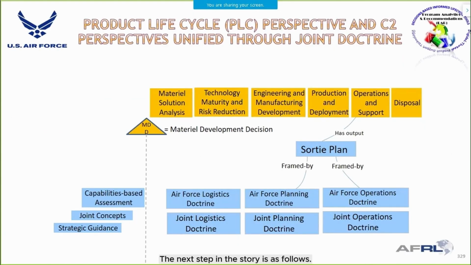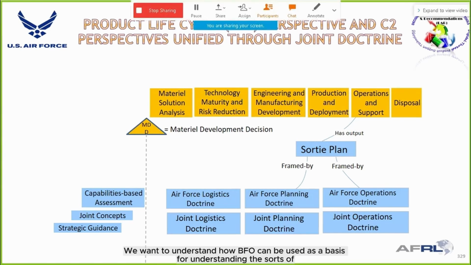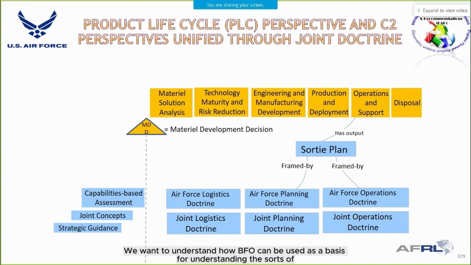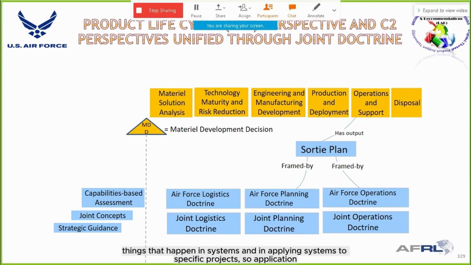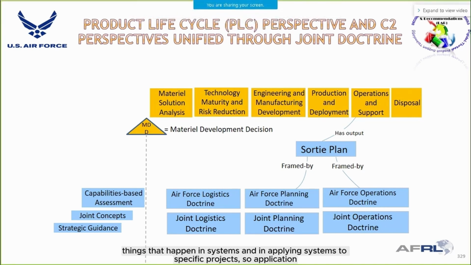The next step in the story is as follows. We want to understand how BFO can be used as a basis for understanding the sorts of things that happen in systems and in applying systems to specific projects. So application of engineered artifacts in the systems realm to the typical problems that systems are designed for.